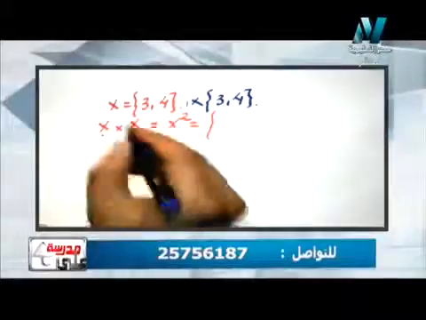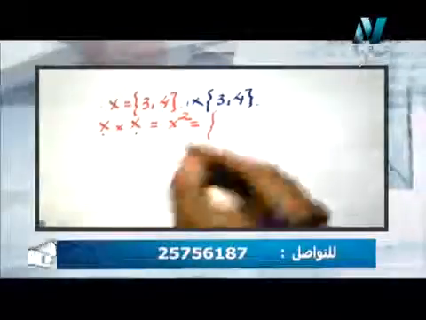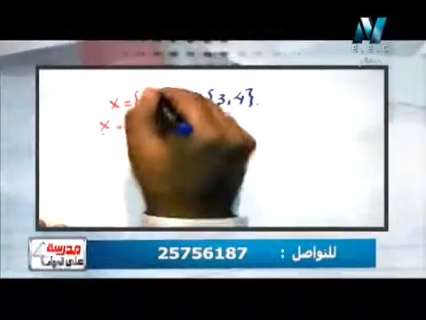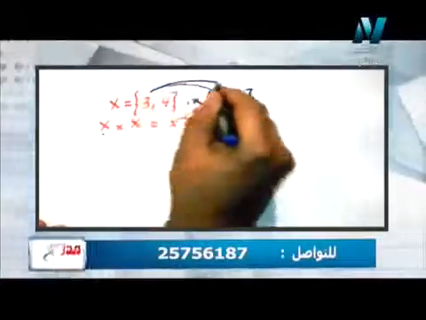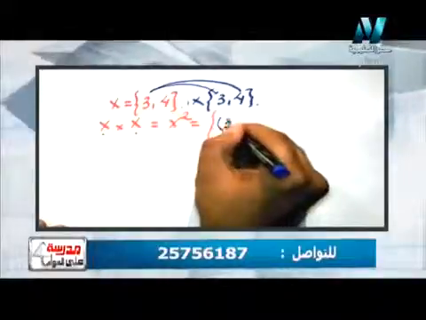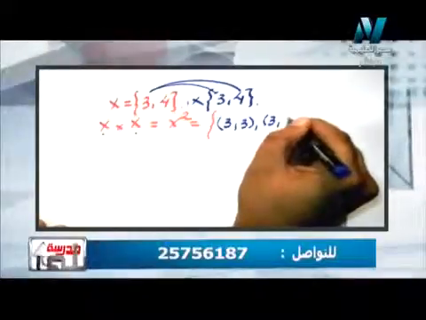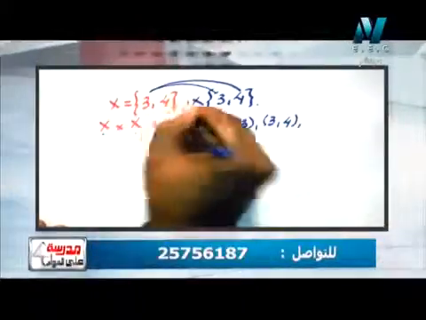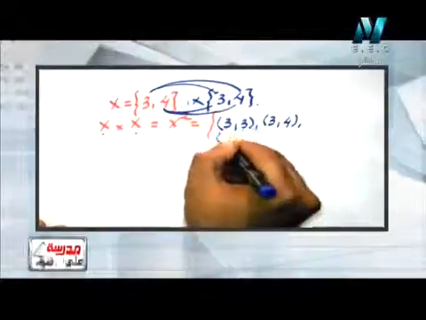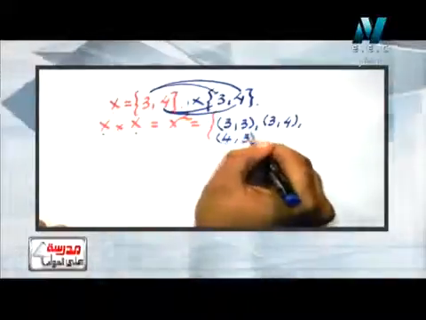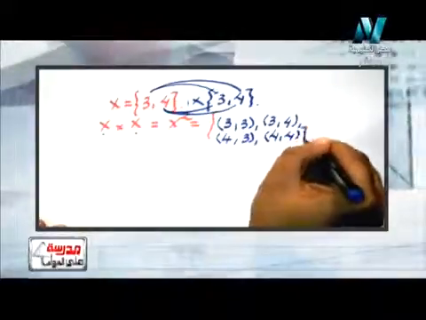To find the answer, the same way, distribute 3 with 3, 3 with 4. You have 3, 3, 3, 4. But what about the second element? 4 with 3, 4 with 4. We can make it here 4 and 3. The last one is 4 and 4.